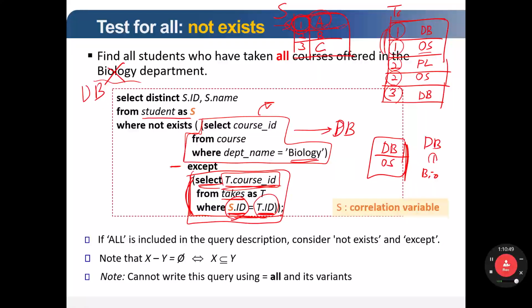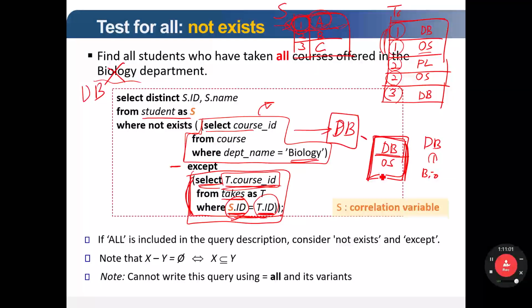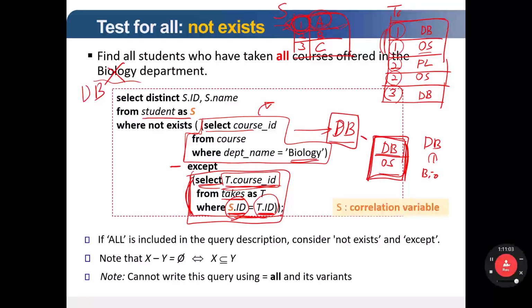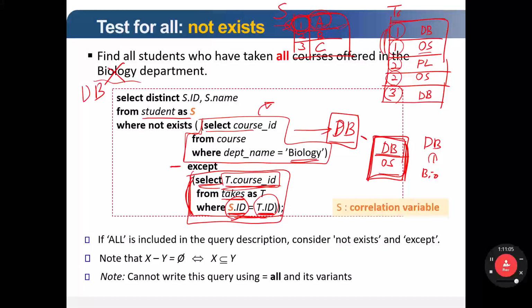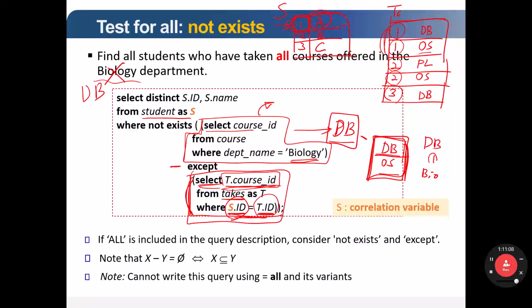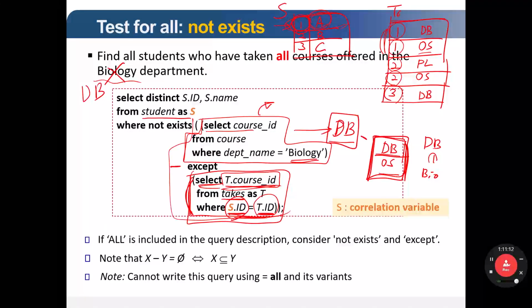And what does this except operator do? It will deduct this set from the set returned from this second query. When you deduct DB and OS from DB, what do you get? Nothing. Empty set. So for Alice, this except operator is going to return an empty set.